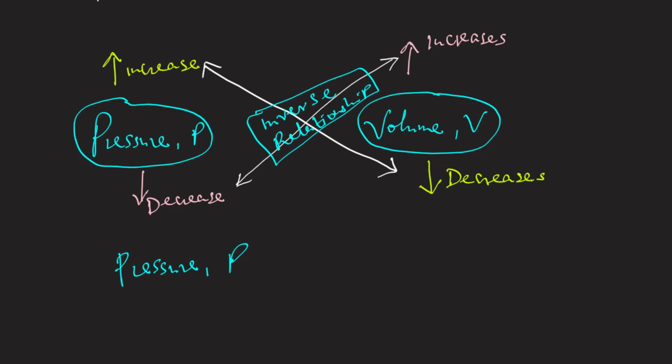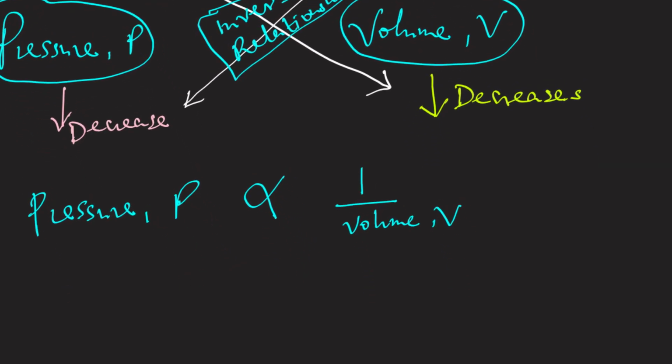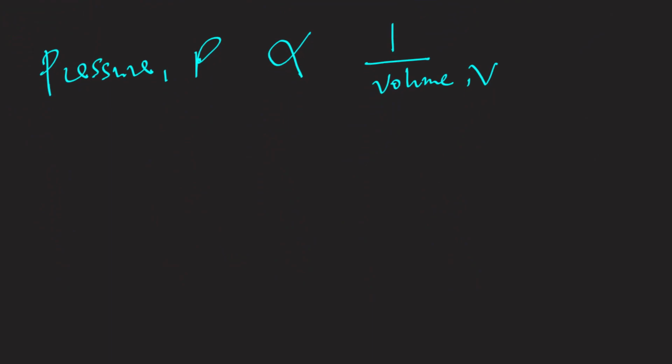Therefore, we can use the following sign to show this relationship, and we can write it as saying that pressure P is inversely proportional to volume V, written as P alpha 1 over V. We use the symbol alpha to show the proportionality.